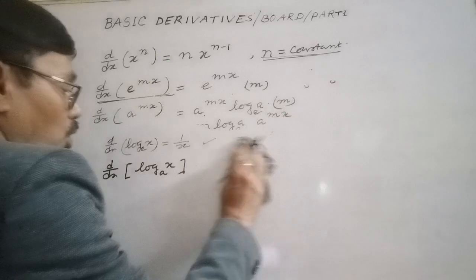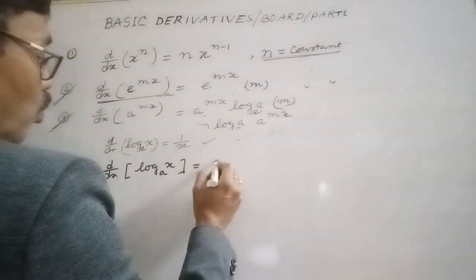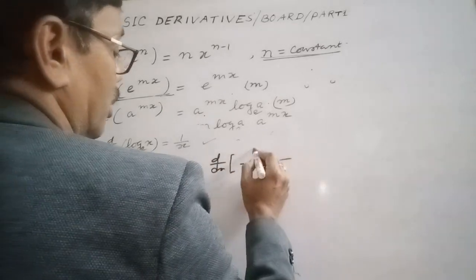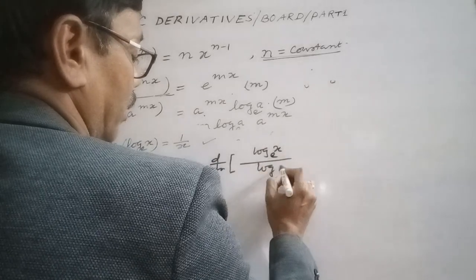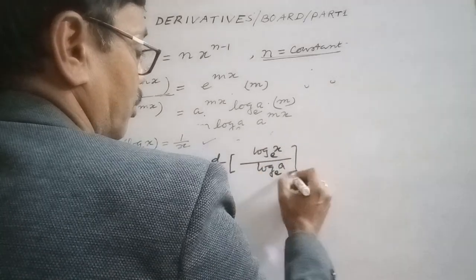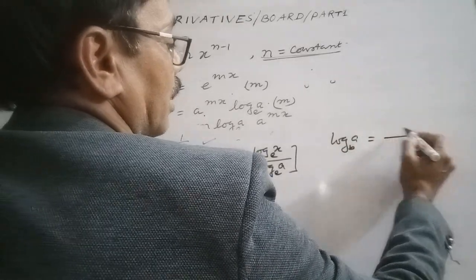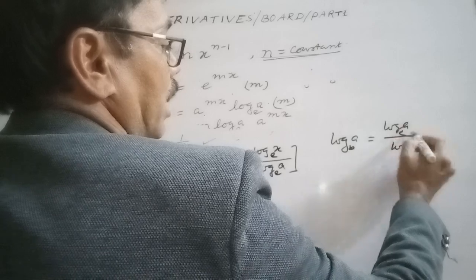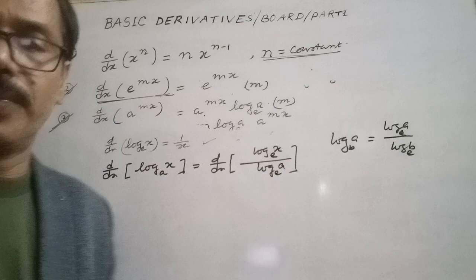If the base is not e, then we write it in this form: log x by log a with any base. The formula is log a base b equals log a by log b with any base, so we can take it as e.